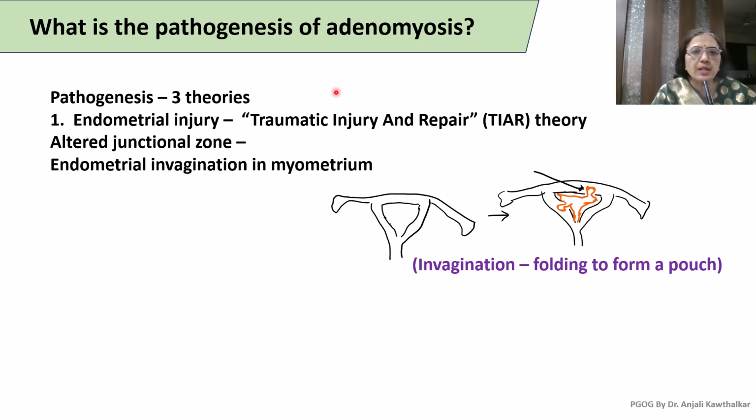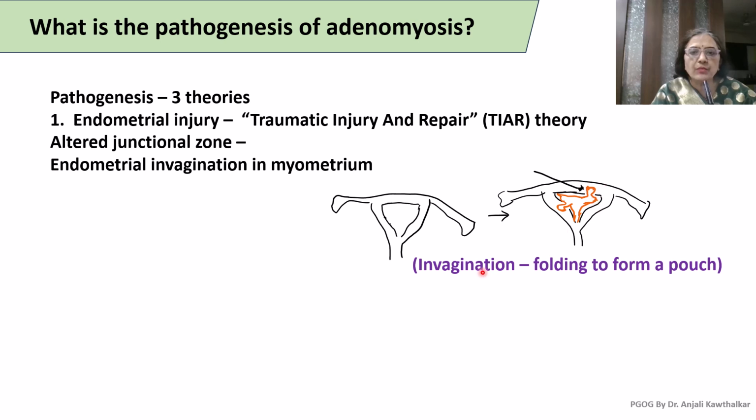Pathogenesis of adenomyosis: there are three theories. First is endometrial injury, which is also called traumatic injury and repair, TIAR, traumatic injury and repair theory. There is an altered junctional zone. Because of endometrial and uterine injury, there is an altered junctional zone, and it leads to invagination of endometrium in myometrium.